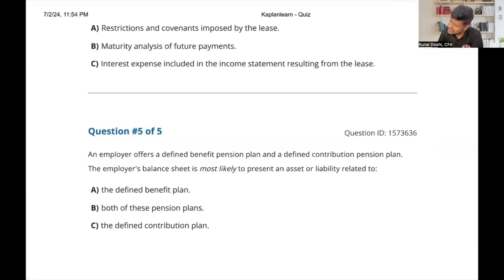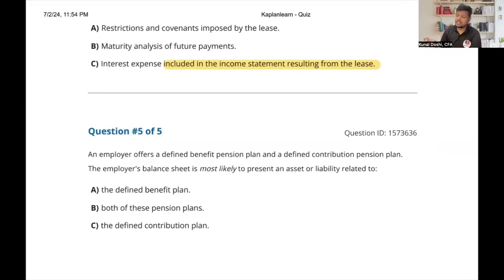Interest expense included in the income statement resulting from the lease. Is interest expense always included? See, interest expense is only for the lessee, not for the lessor. They are something that will come up in lessee and lessor both. So whether it is lessee or lessor, whatever is the lease payable in the next 5 years and later is compulsorily to be reported.